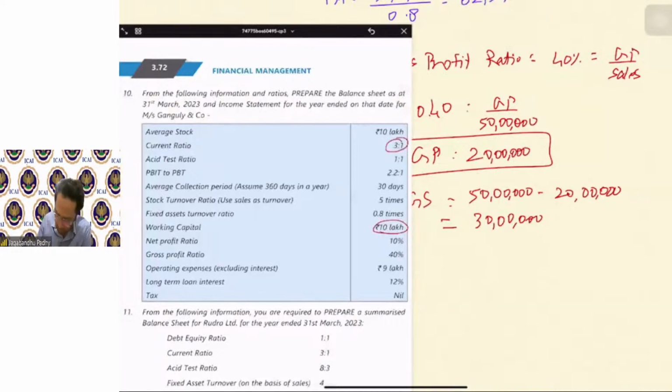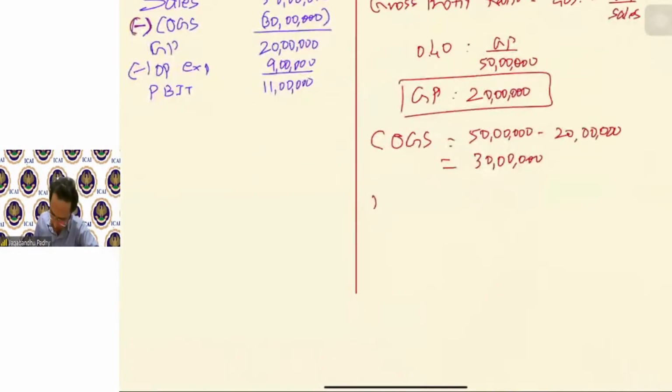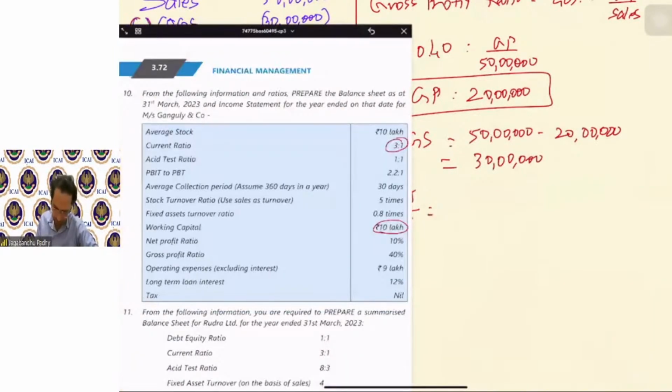Now we have a ratio over here. PBIT to PBT, which is profit before interest and tax to PBT, is 2.2:1. So profit before interest and tax upon profit before tax is 2.2.